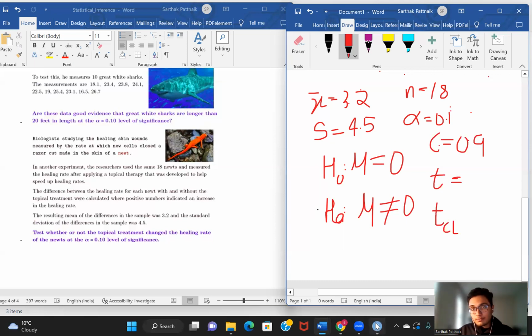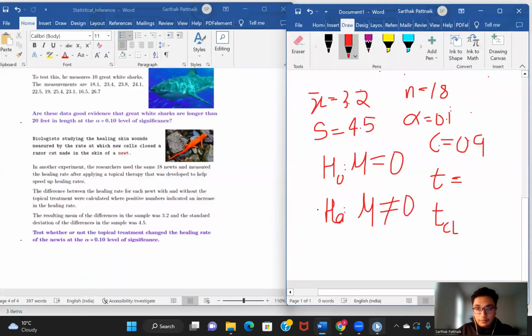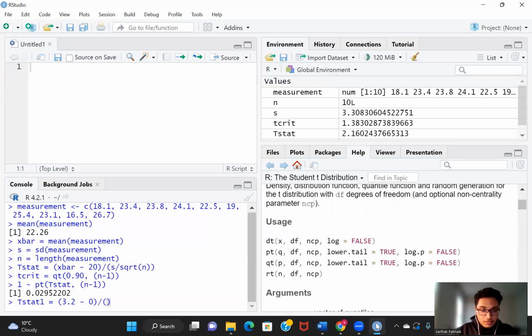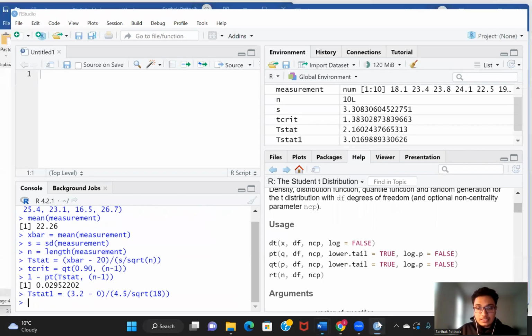Similar to my previous problem, the value of test statistic is calculated in the same way, x bar minus mu upon s by root n. So this time it's going to be 3.2 minus 0 divided by, now my sample standard deviation is 4.5, divided by square root of 18, which is coming out to be 3.016.